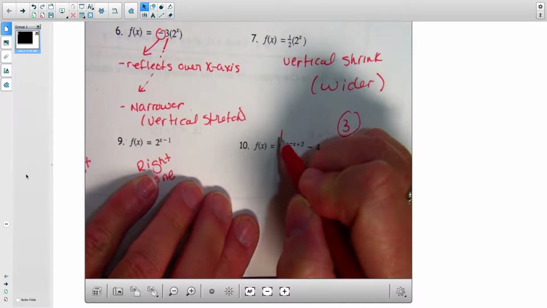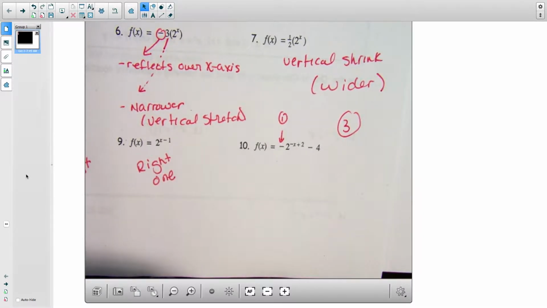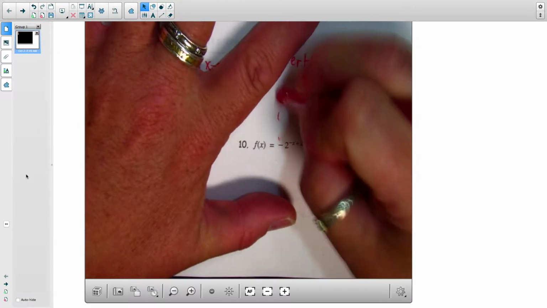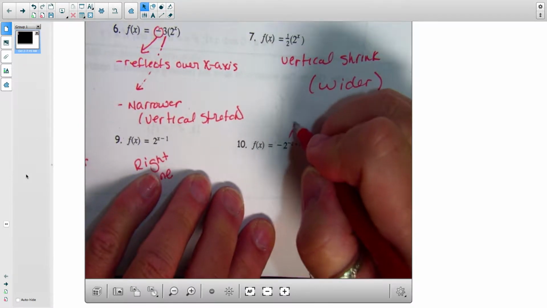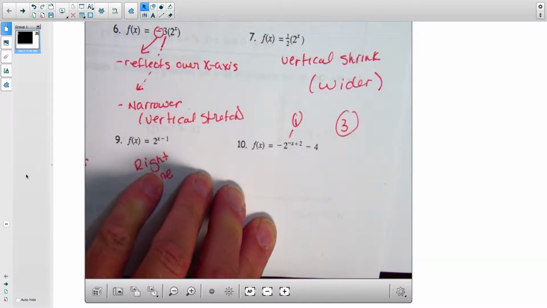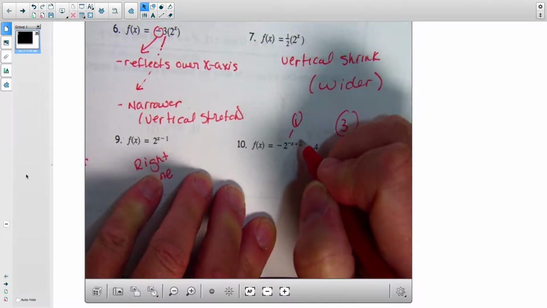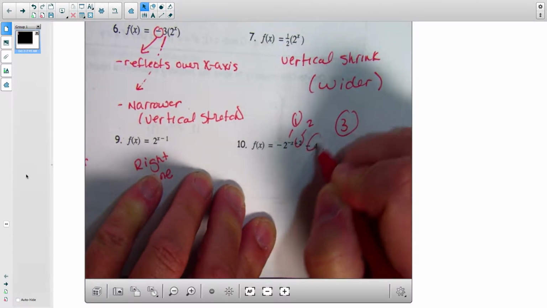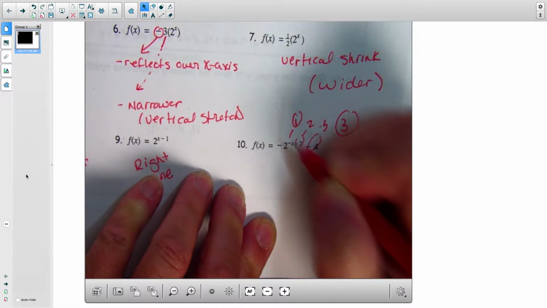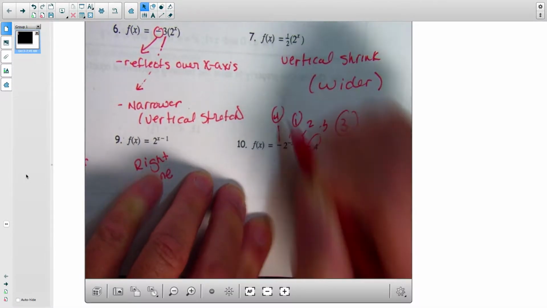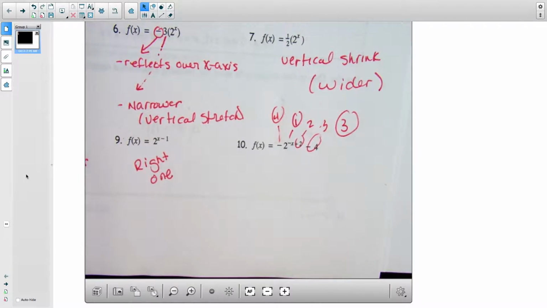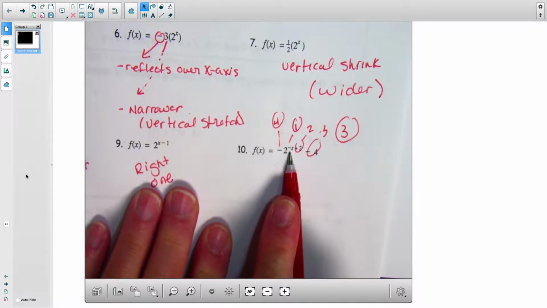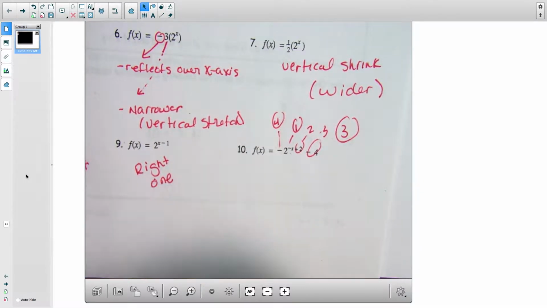This negative here's 1. Another negative x. Oh, the negative x, okay. That might be where I was missing it. There's 1. Where's the second one? Plus 2. Plus 2, minus 4. And then this one is the fourth one. Is that negative and then the 2, are those 2 different ones? This negative and this negative.